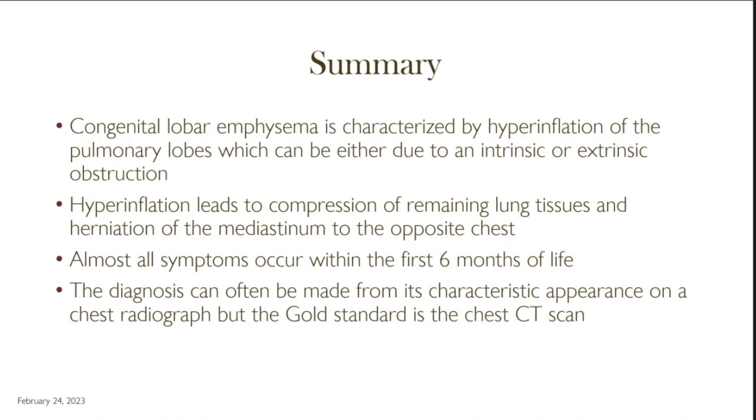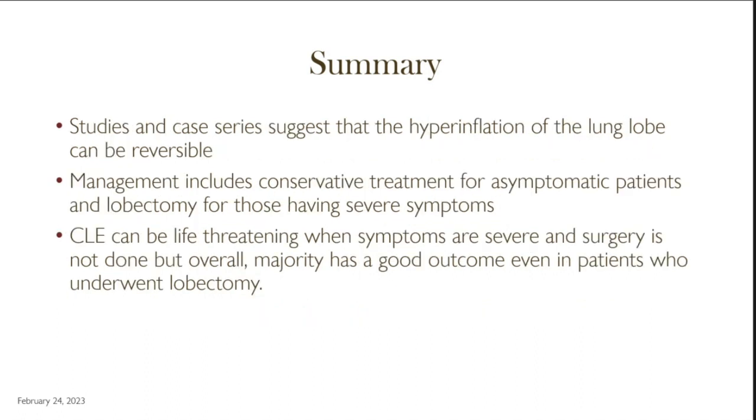The diagnosis can often be made from its characteristic appearance on a chest radiograph, but the gold standard is a chest CT scan. Studies in case series suggest that the hyperinflation of the lung lobe can be reversible. Management includes conservative treatment for asymptomatic patients and lobectomy for those having severe symptoms. CLE can be life-threatening when symptoms are severe and surgery is not done, but overall, the majority have a good outcome even in patients who underwent lobectomy.